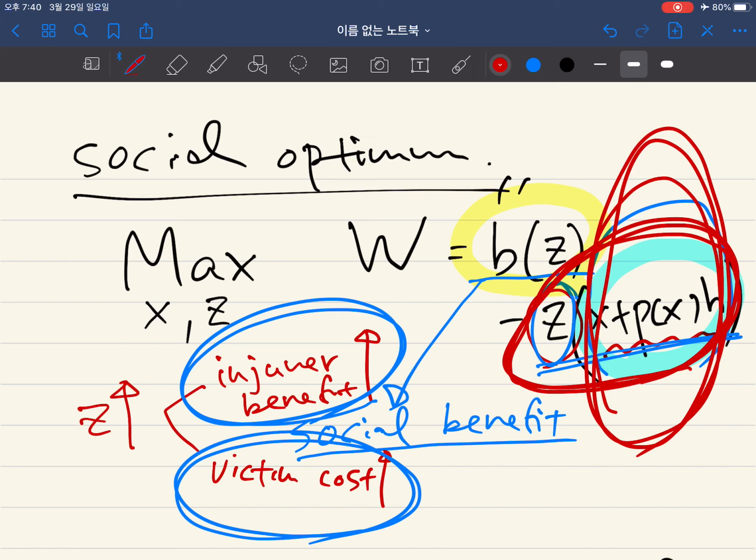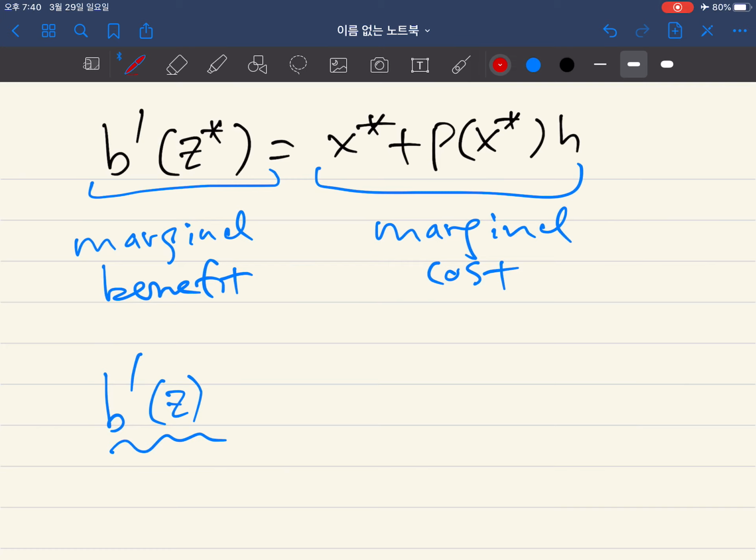So for each activity, this much social cost is going to be spent. Therefore, the right hand side can be interpreted as marginal cost from additional activity, because if we allow the injurer to engage in the activity one more time, it's going to increase social cost by this right hand side.